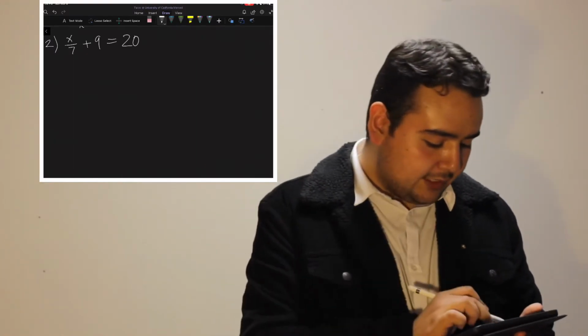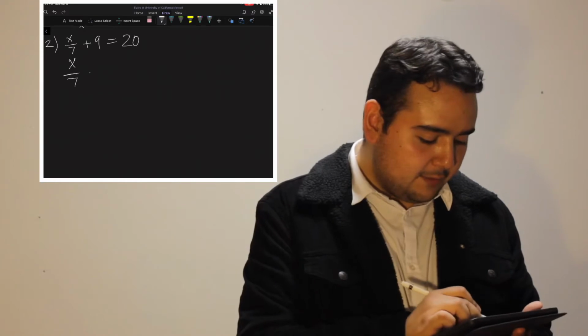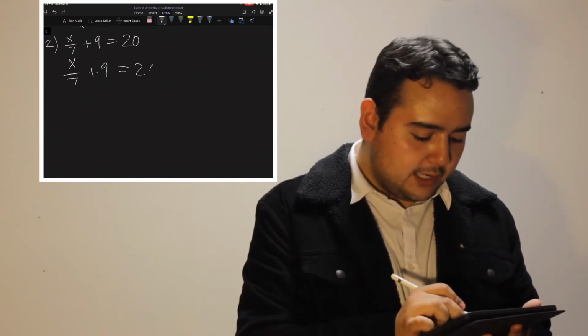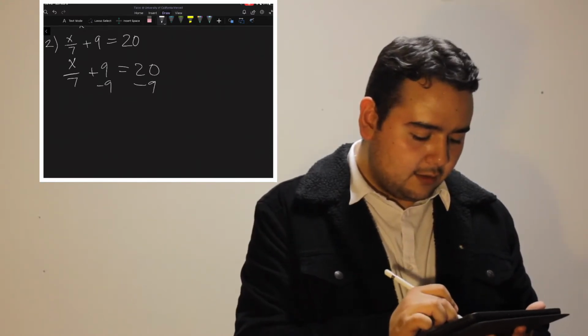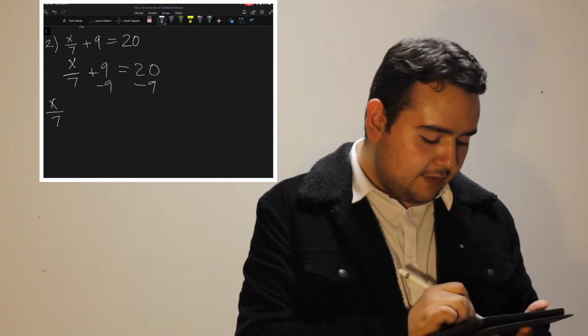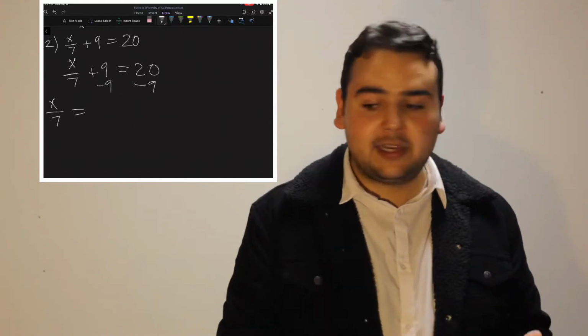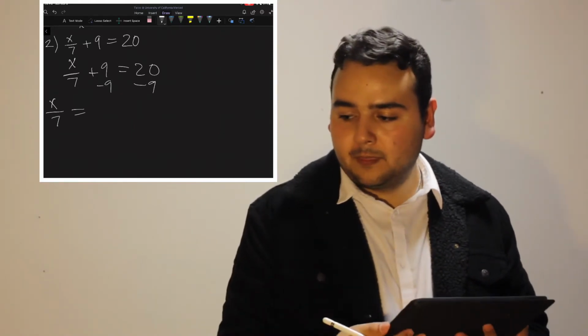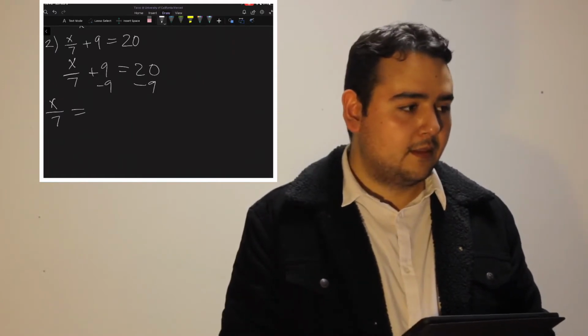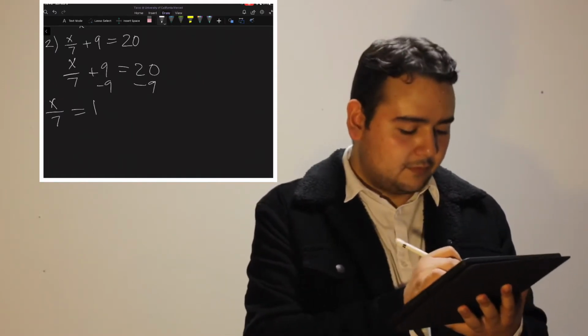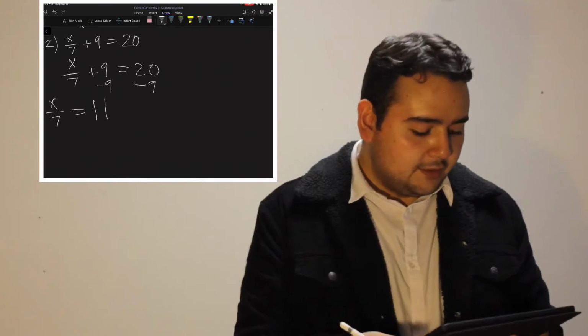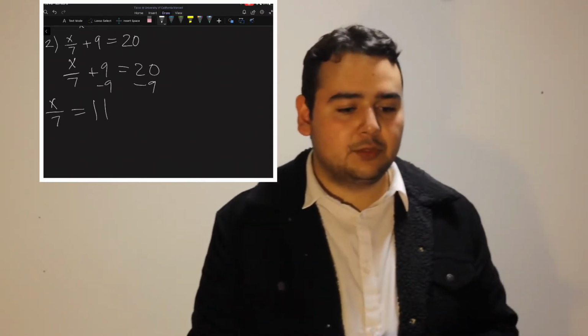So we have x over 7 plus 9 equal to 20 minus the 9, and then we get x over 7 equal to, what's 20 minus 9? Does anyone know? 11, right? Good job. So now we have x over 7 equal to 11.